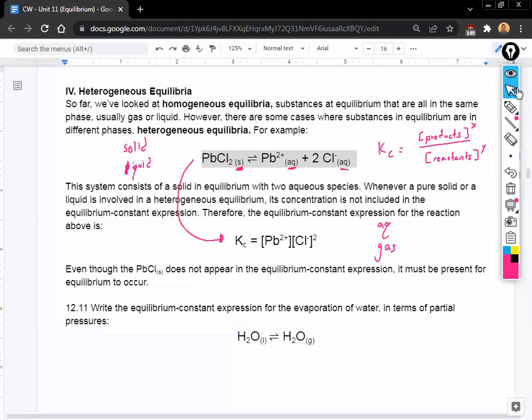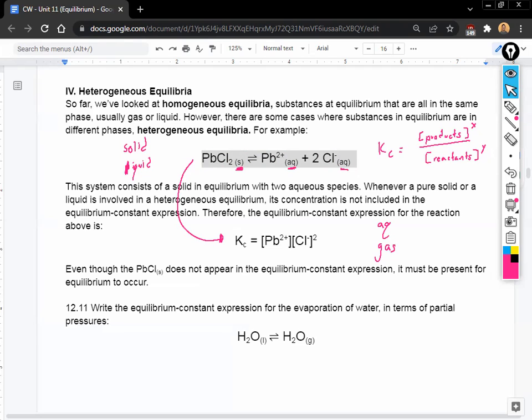All right, so if that's cool, I want you guys to try 12.11 on your own. Just a nice and easy problem to get us started for today. I want you guys to write the equilibrium constant expression for the reaction below.